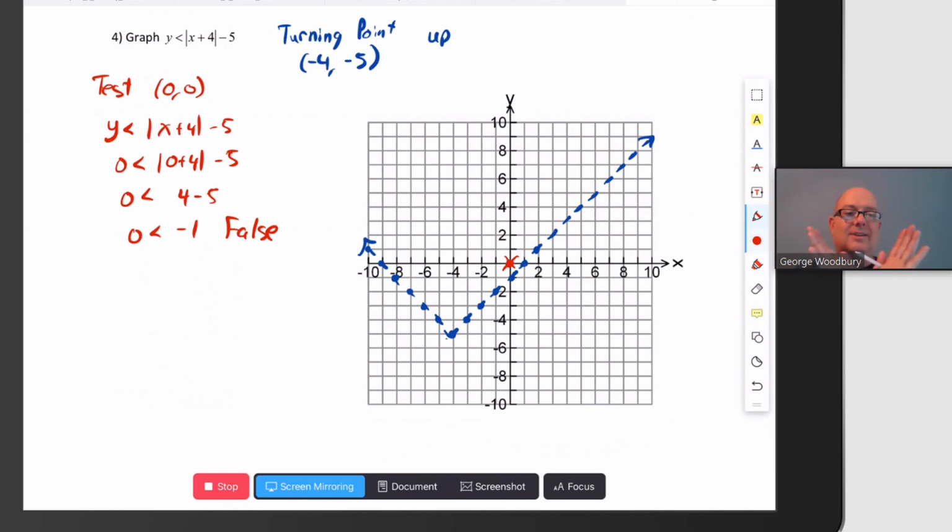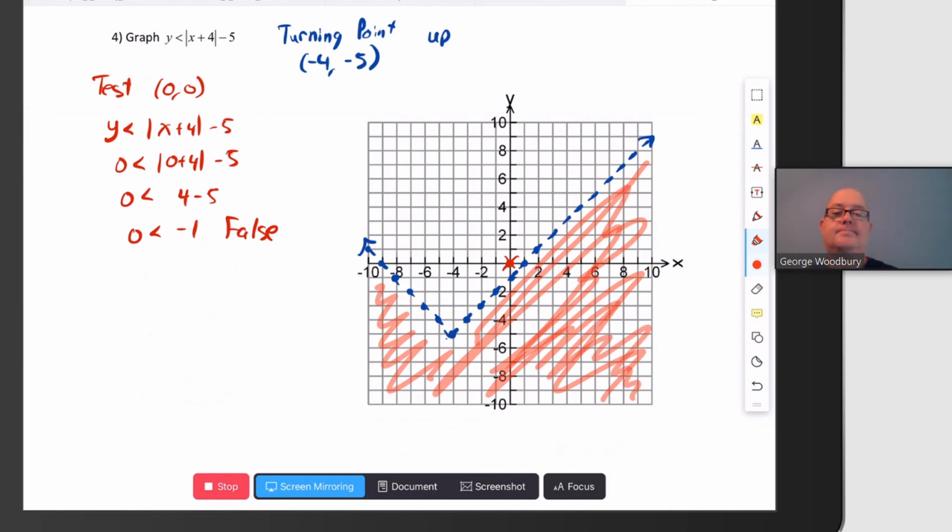So that graph is like a dividing, it's not really a line, but a dividing wall. Either the solutions are on one side of the wall or the other. When the point you pick doesn't work, jump to the other side of the wall. So here, that's where we find the solutions.